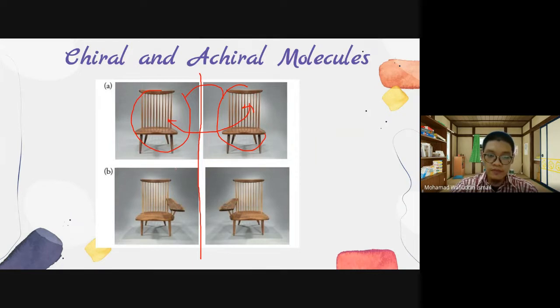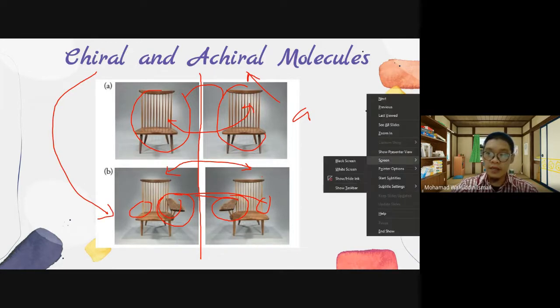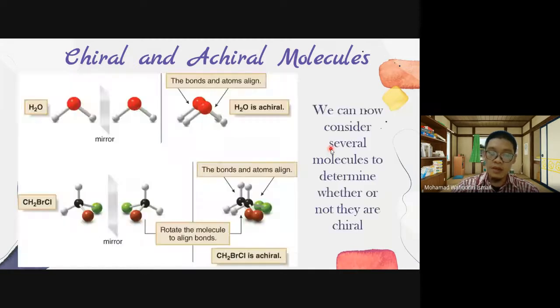However, for this one, this will be on the right hand side, meanwhile this will be on the left hand side of the chair. So when we superimpose both figures, it will not be superimposable. When we attach one to the other, this one will be looking left here, and this one will be looking here. So it's not the same. So basically, this is achiral, while this is chiral. That's the major difference between chiral and achiral.